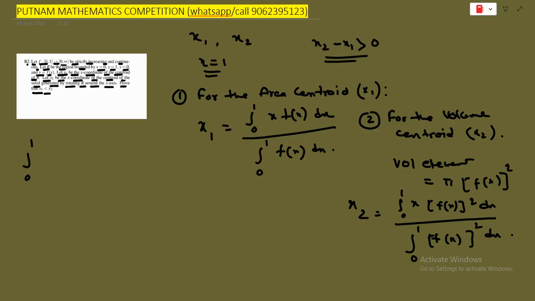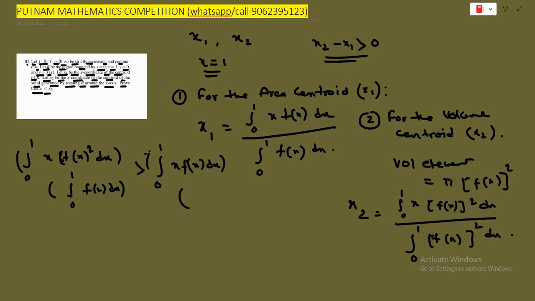The integral from 0 to 1 of x (f(x))^2 dx times the integral from 0 to 1 of f(x) dx is greater than the integral from 0 to 1 of x f(x) dx times the integral from 0 to 1 of (f(x))^2 dx.